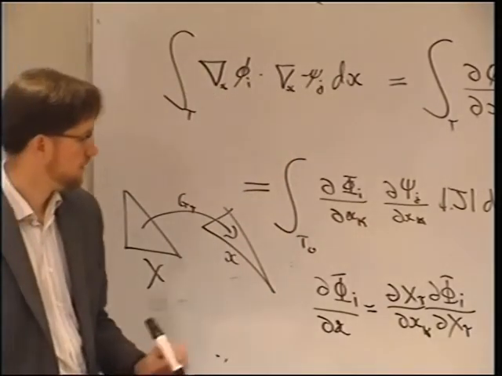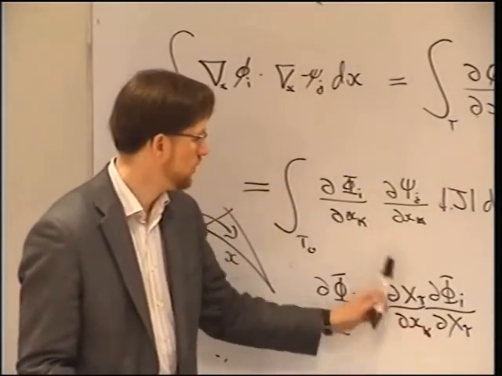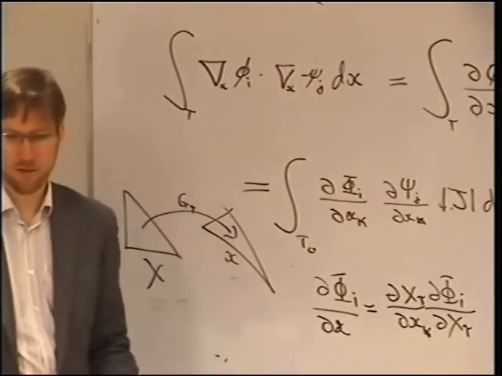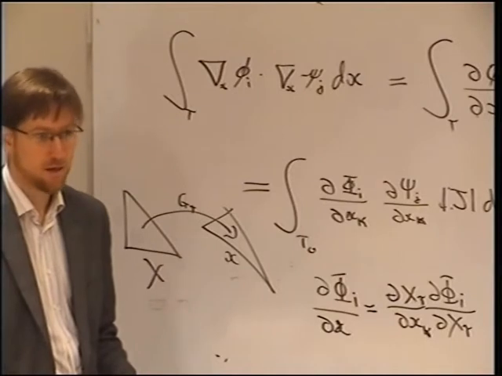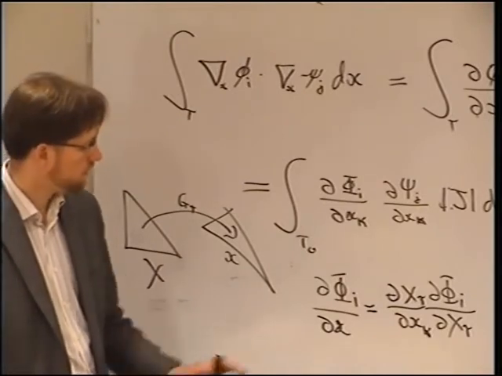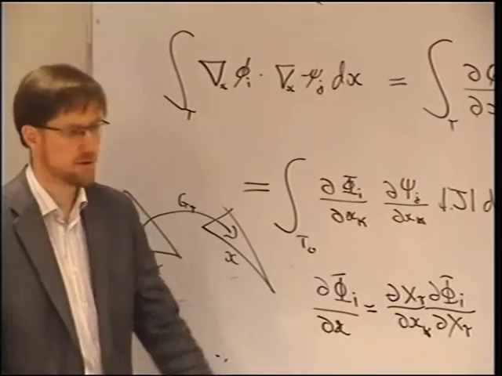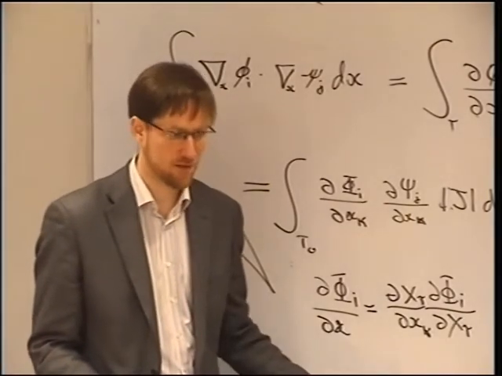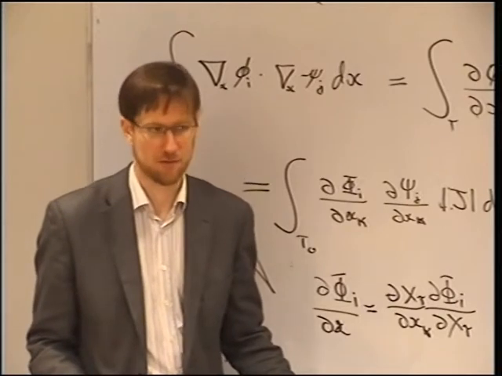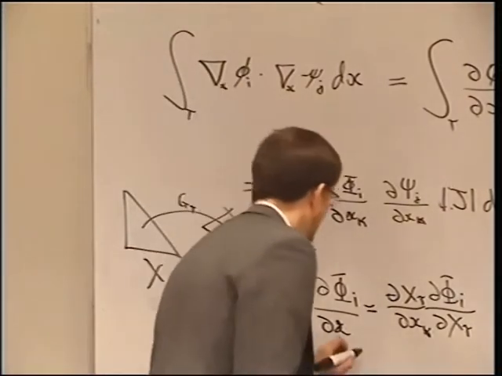Tau. And that's repeated, so that's for all tau, and that's going to be repeated up there, so that's for all k. So what that is, well, if the little x's were on top and the big X's were on the bottom, we'd know what that was, right? If the little x's are on top and the big X's are on the bottom, that's the Jacobian. So it's the inverse Jacobian.